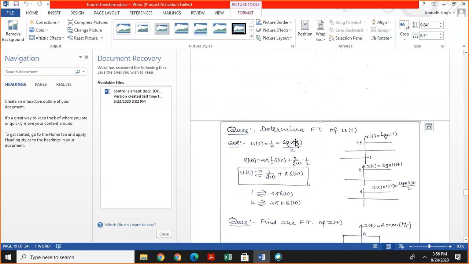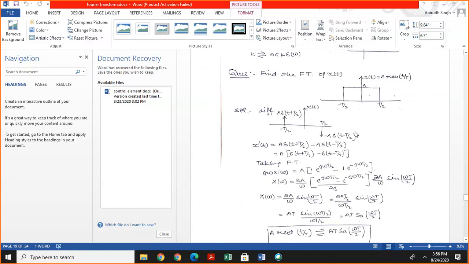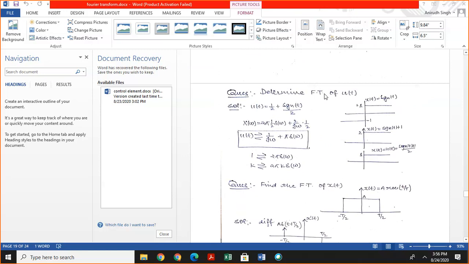There are some questions based on the Fourier transform. Determine the Fourier transform of u of t. This is given by signum t.